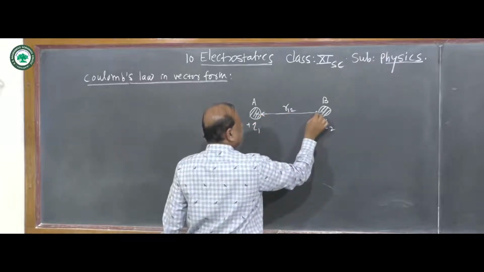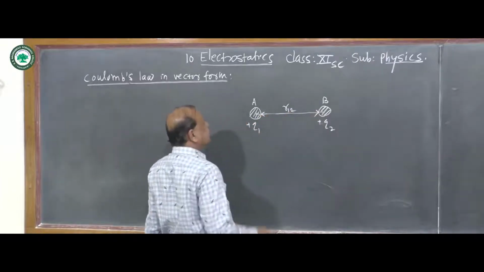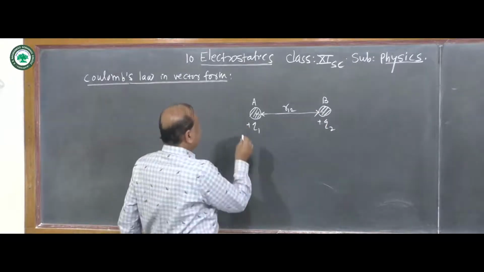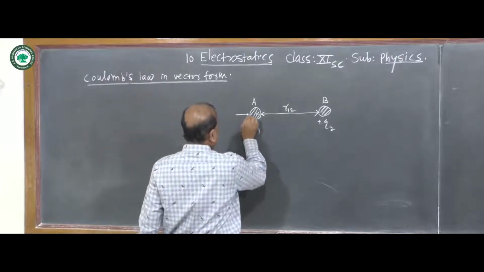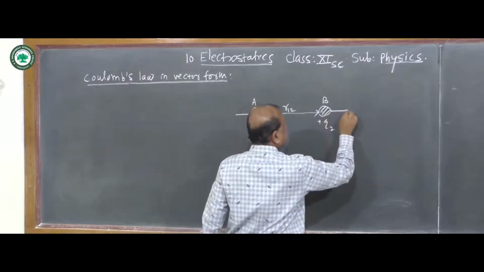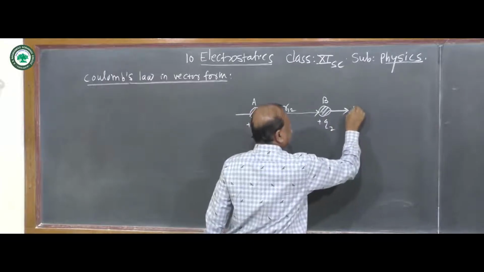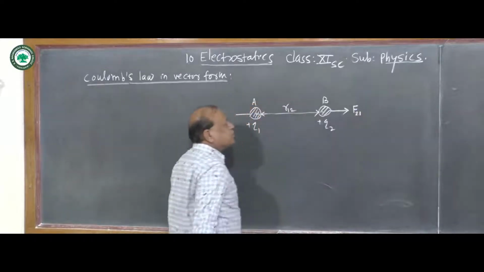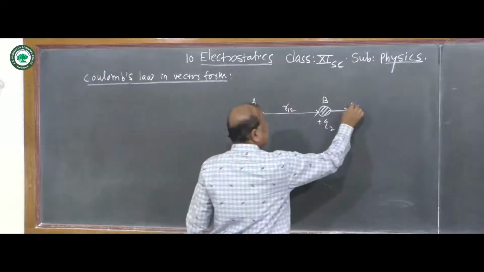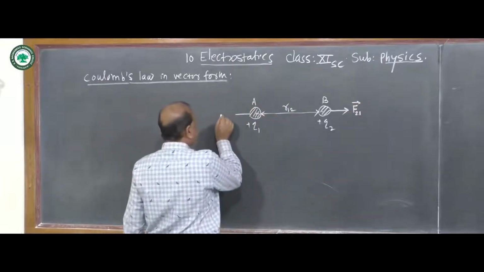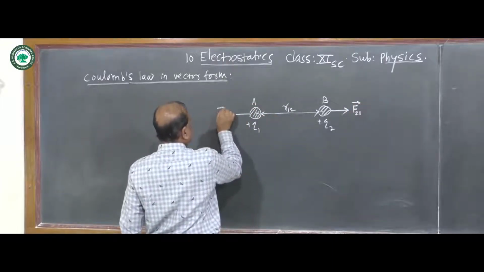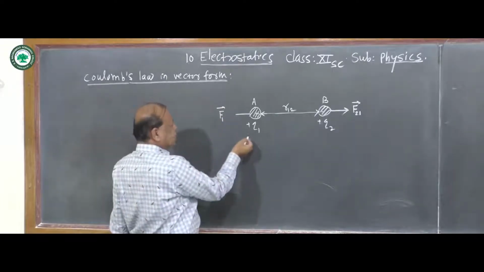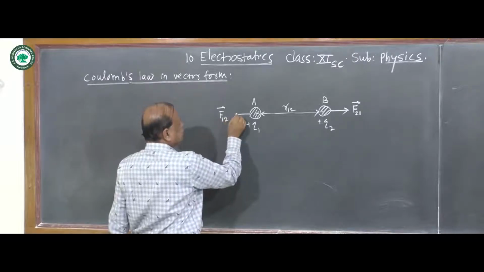Now the directions of the forces acting on these two charges are like this. Here is the force on the second charge due to charge 1. It is a vector quantity. Now here is the force on the first charge, that is charge q1, due to charge q2.